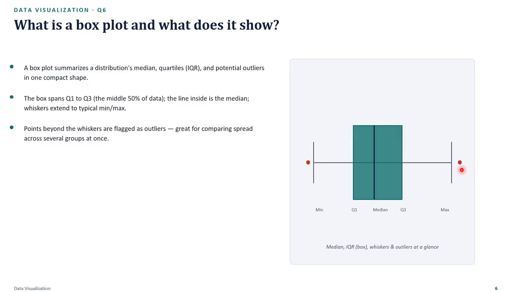Here also my maximum would lie over here because this outlier is also part of the distribution. But what are these boundaries indicating? These boundaries are indicating Q1 minus 1.5 into IQR and Q3 plus 1.5 into IQR, because this is my outlier limit. Anything less or more will indicate outliers.